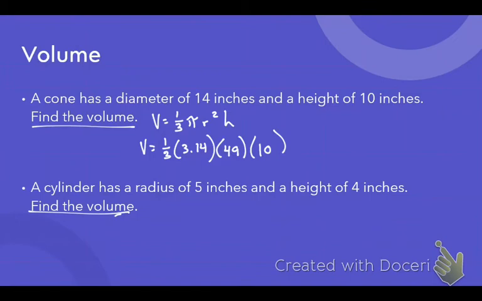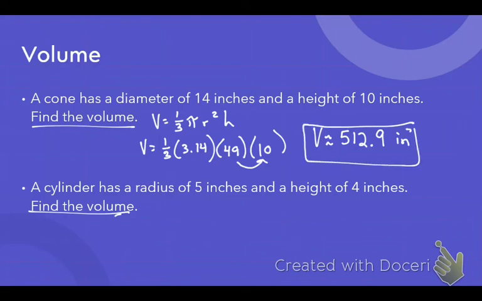All right, so 49 times 10, that's 490. And then I do 490 times 3.14. And then I divide that by 3. And the volume is approximately 512.9 inches. Oh, inches cubed. Got to cube your unit. Okay.